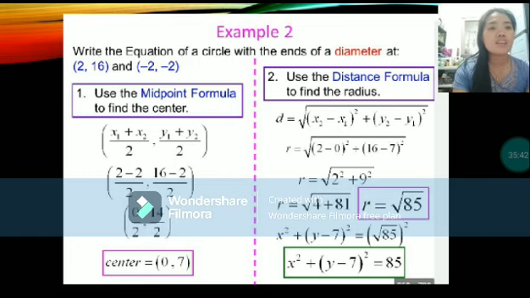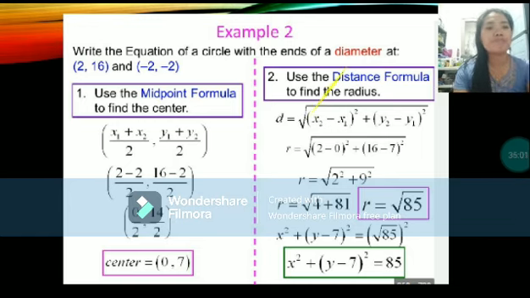It's not specified whether we are to give the general form or standard form of the equation. However, since it says to write the equation, we just give the standard equation. Okay, so you were able to follow.